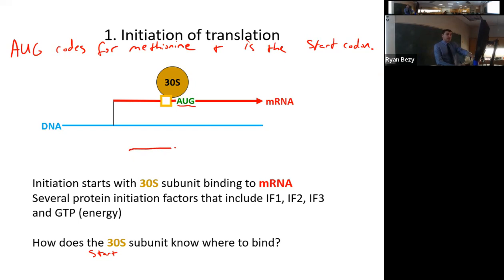So let's say you have a messenger RNA that may need to start translation here. This will be the translation start, for instance, and you're going to have an AUG codon at the beginning. But you might have another AUG codon here, another AUG codon over here, and another AUG codon over here.